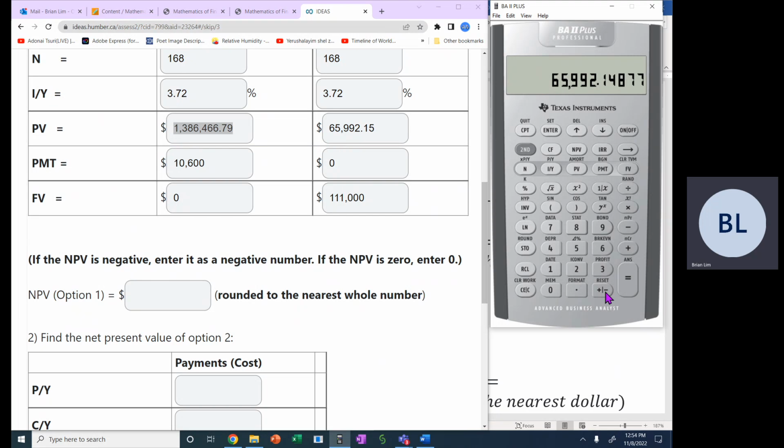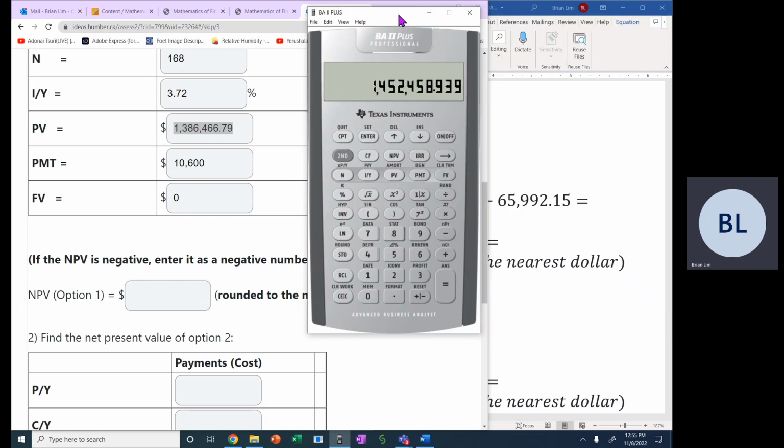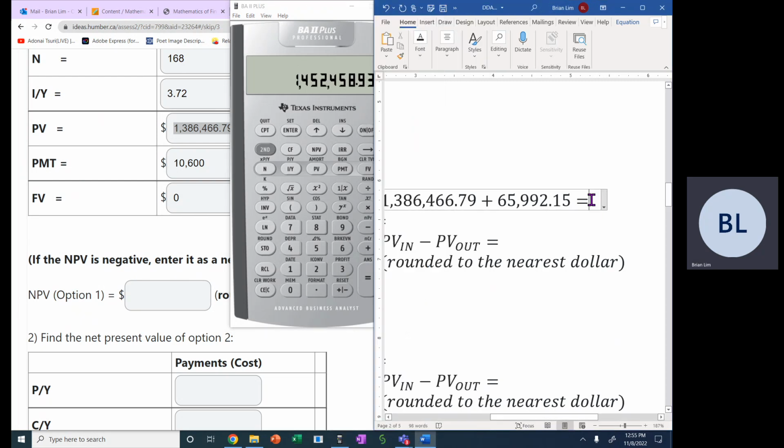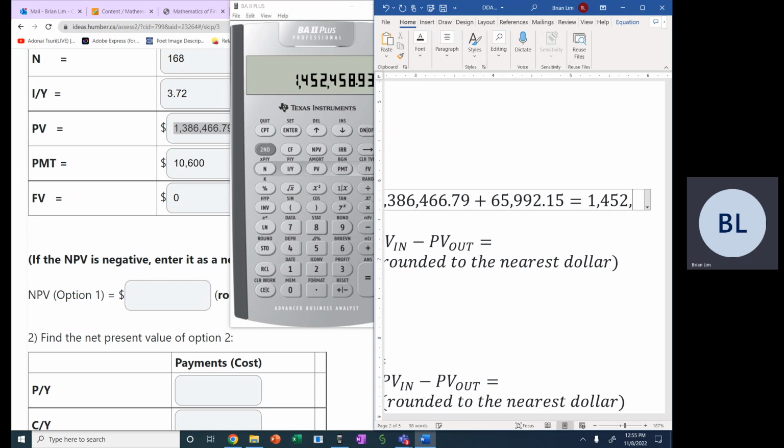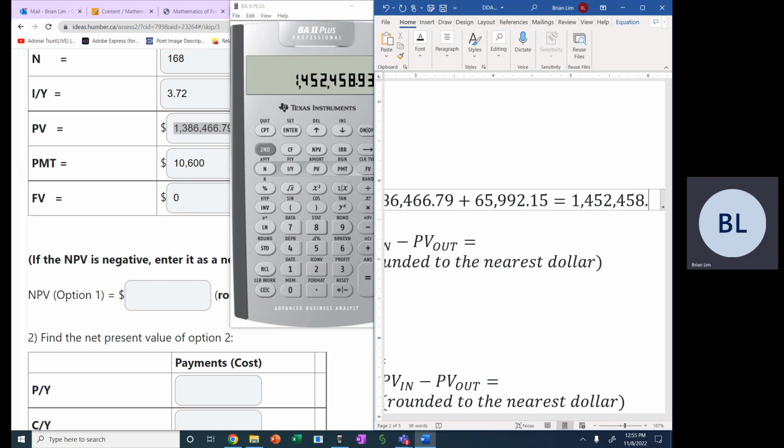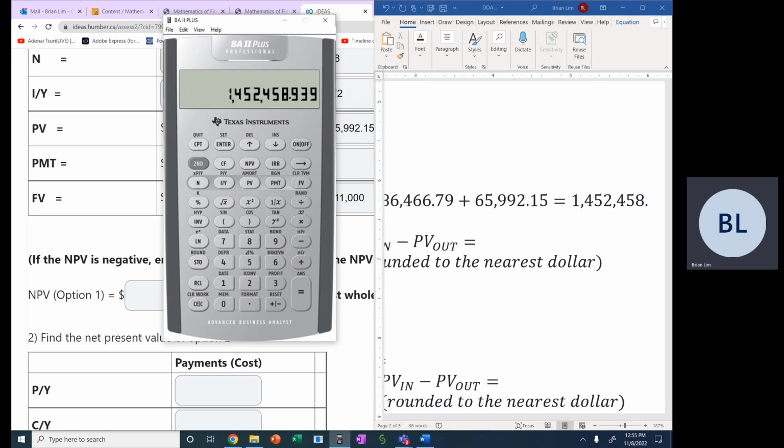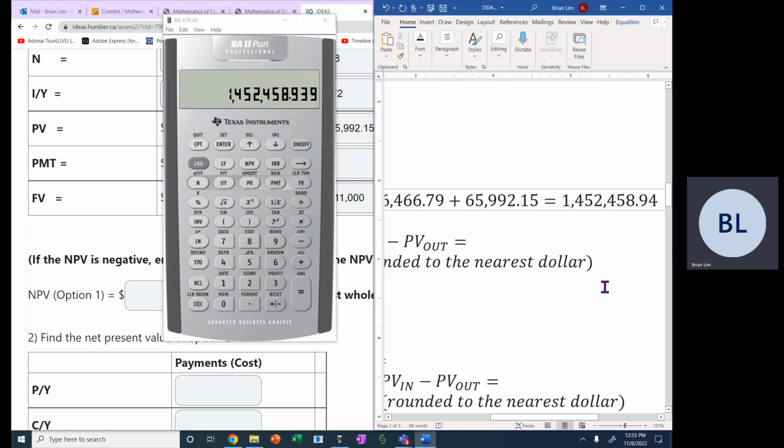Let's make it positive. And let us add 1,386,466.79. And we get a number looking like that. So this answer in here should be 1,452,458.94. Okay, sorry, we went a little bit astray there. So that would be the present value in.